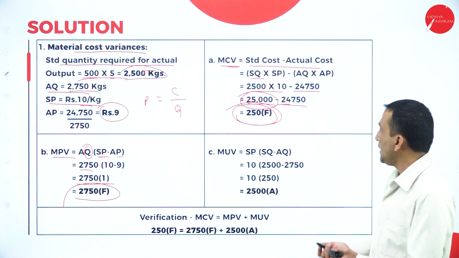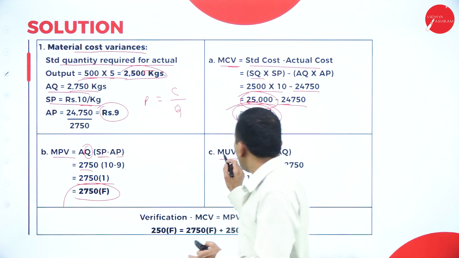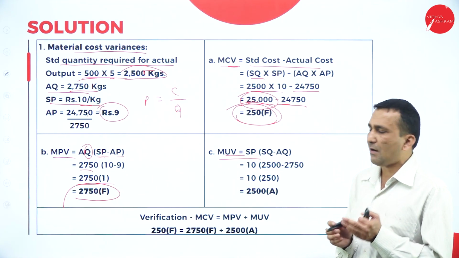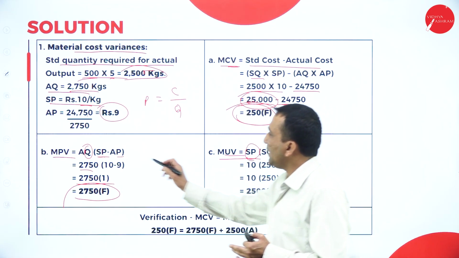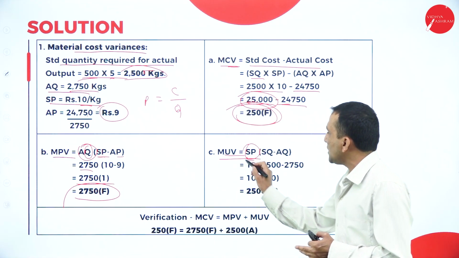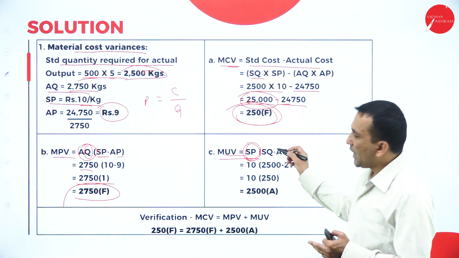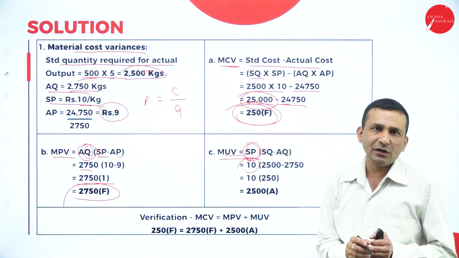Okay, so moving to the material usage variance. See, when we do material usage variance, which is always compared with the price, right? So obviously we need to write a standard price. For the price variance we write the actual quantity, but for material usage we write standard price into standard quantity minus actual quantity. Standard price, which is given in the question, 10.